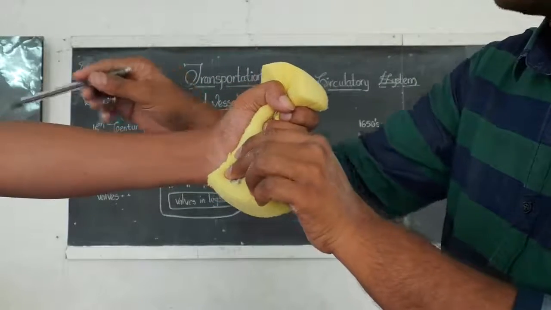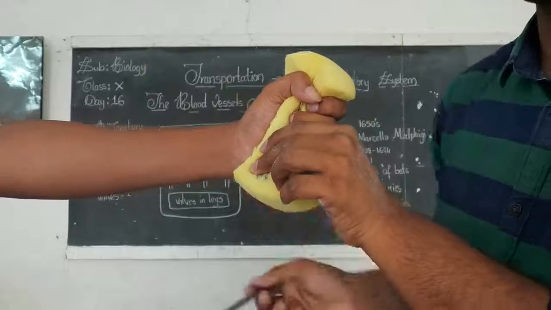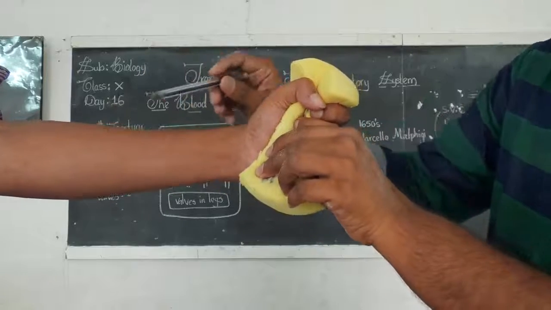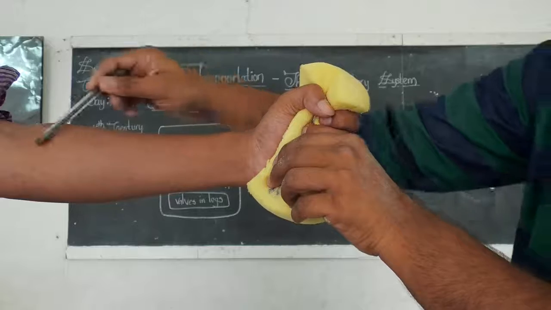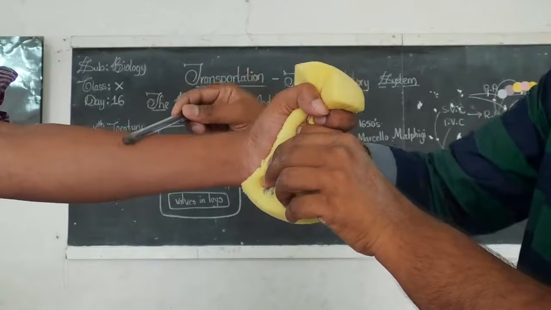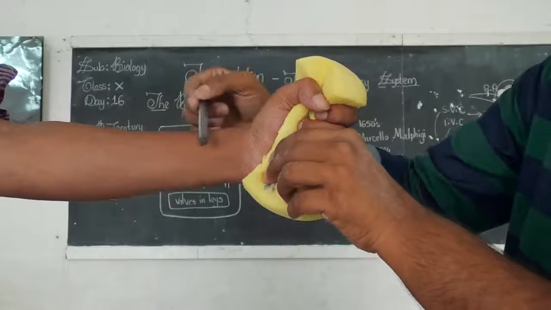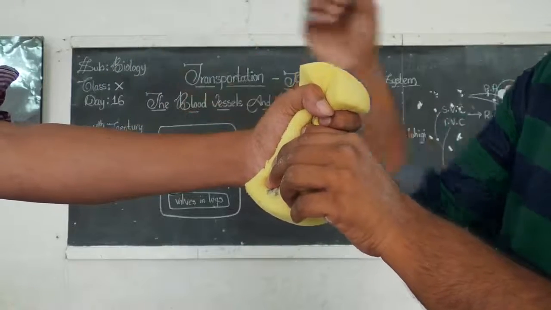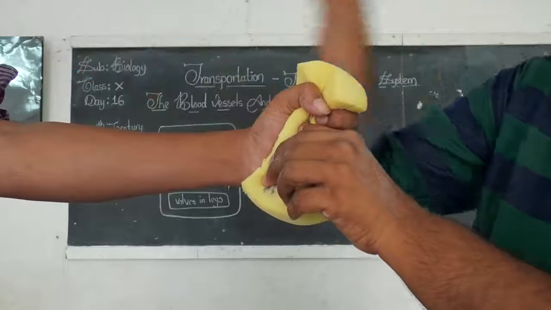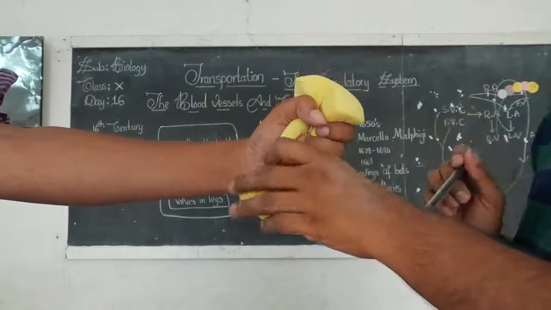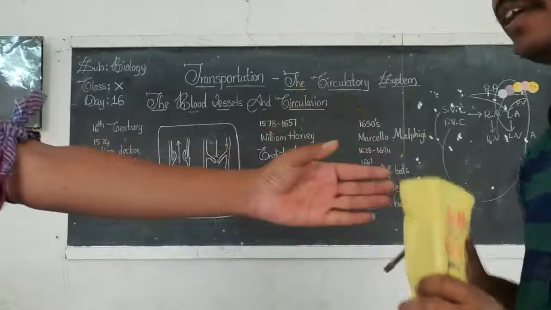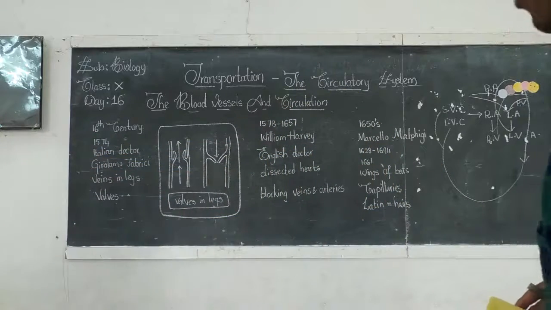The reason for the bulging of these blood vessels is that blood is accumulated in them. That means these are the veins. The blood is accumulated right here, away from the heart. That means we can say these are the veins which carry the blood towards the heart. Sorry children, I can't demonstrate arteries, because arteries are deeply situated in our body.